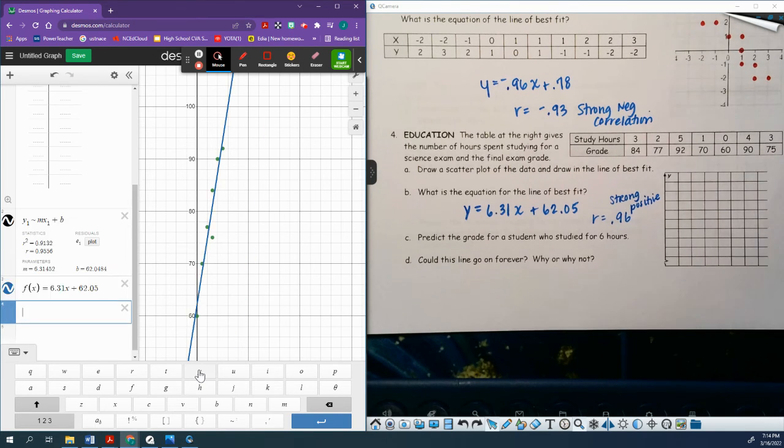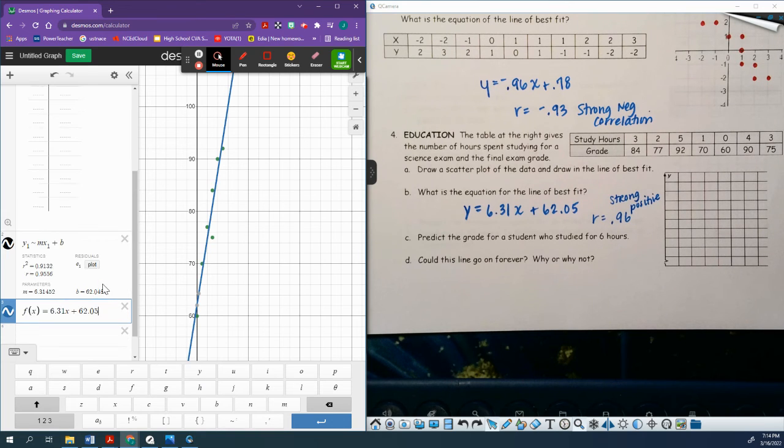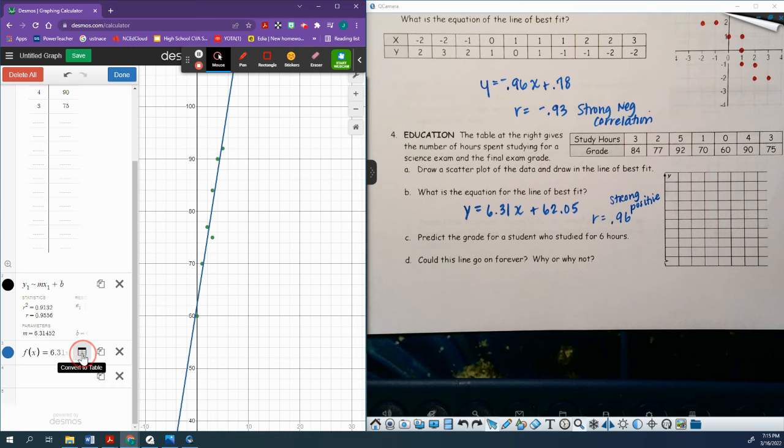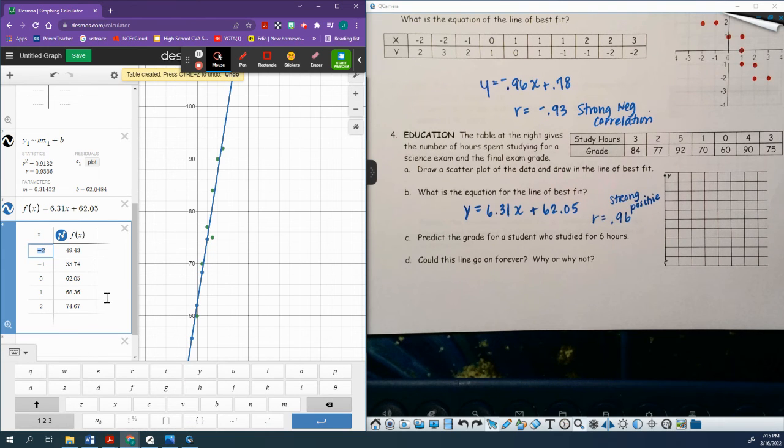So we have that equation in there, and we're going to come up here and hit our gear, and we'll see there's a table, so we'll start a table. The question was for 6 hours, so I can delete this and hit 6, and my answer is 99.91. So the answer for 6 is 99.91 right here in our output.